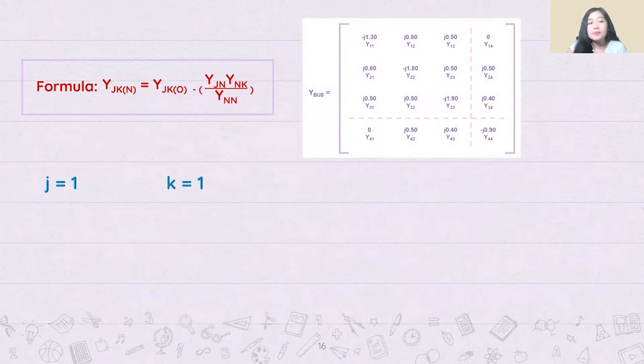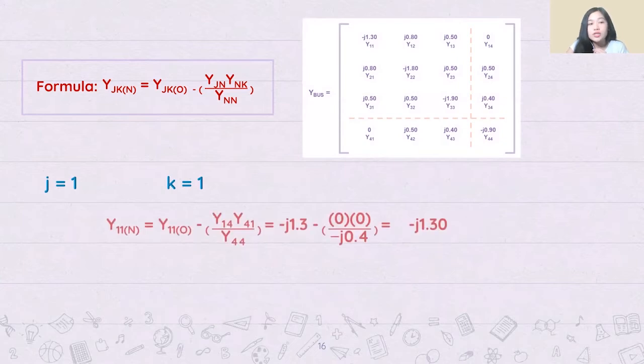So, let J be 1 and K be 1. Ayan ang ating formula na nasa taas. We just have to substitute. Sabi natin, Y sub JKN. So, it only means that to solve for the new Y bus value from the value Y11, because J is 1 and K is 1.